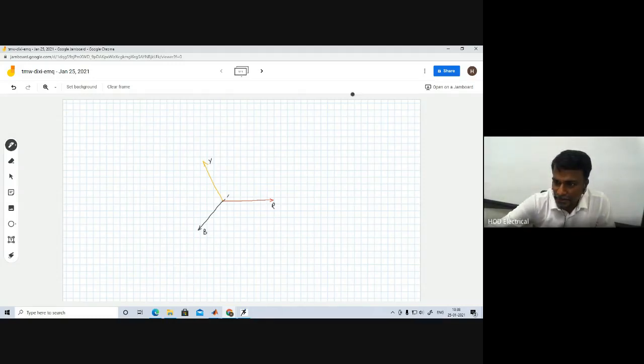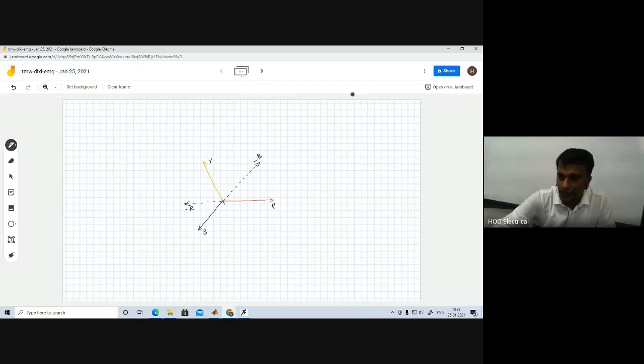Then this is opposite of the B phase, we can call this minus B phase. Then opposite of this one is called minus R phase.